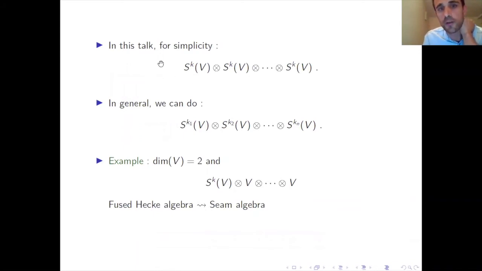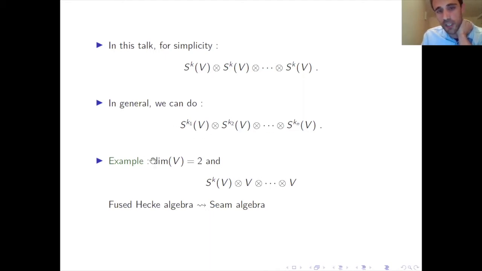In this talk, for simplicity, I will only consider the situation where we have a tensor product of the same representations, SK times SK and so on. What in general we can do, and what we did with Nicolas, was to consider the most general situation like this, SK1 times SK2 and so on. So a mixed situation.